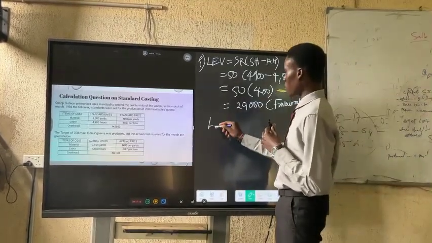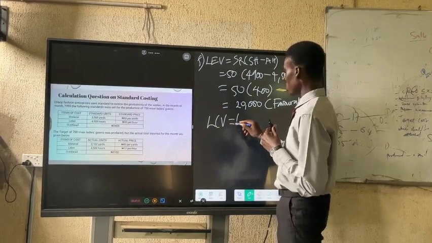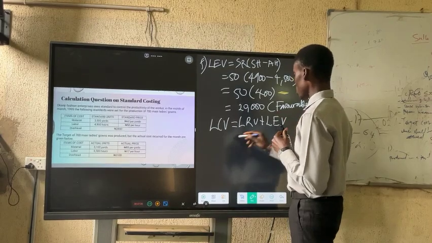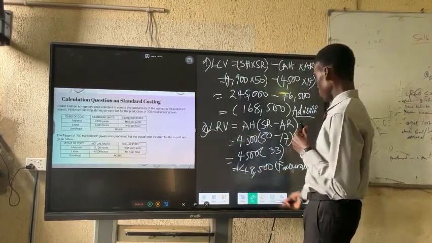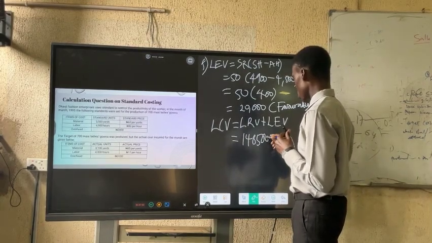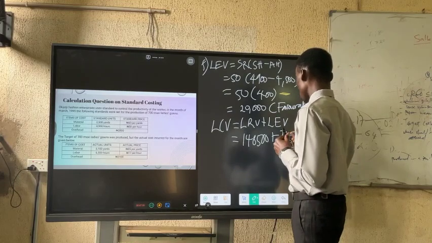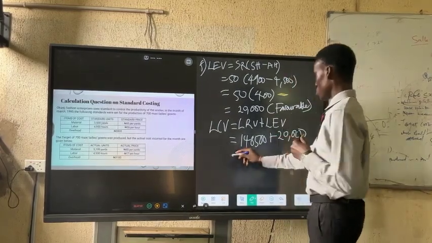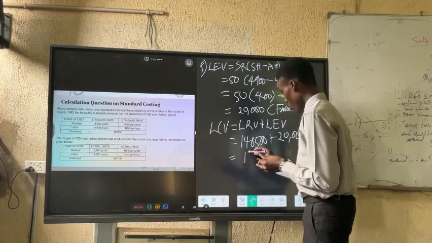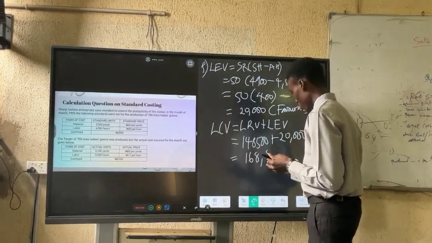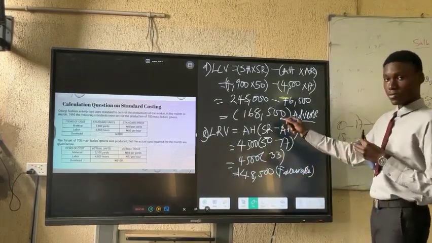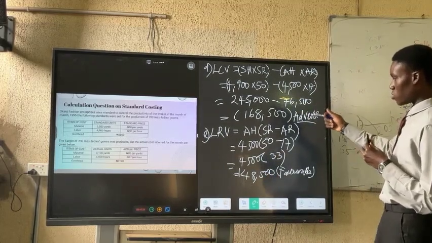That is 148,500 plus 20,000, which is 168,500. So you can see that it's the same thing.